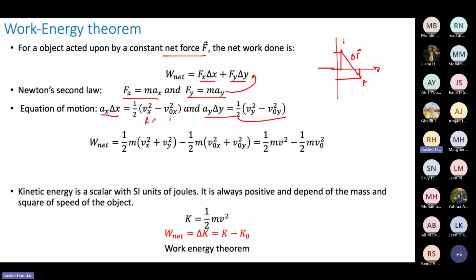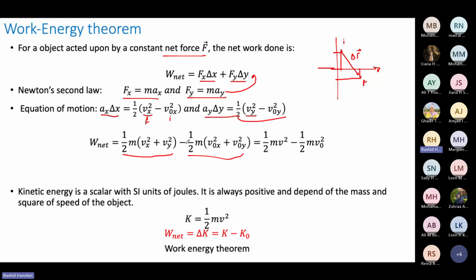So I have here vx squared, here vy squared, here minus v0x squared and minus v0y squared. So I put the finals together and the initials together. So I have half m (vx squared plus vy squared) minus half m (v0x squared plus v0y squared). So I took the minus sign common.